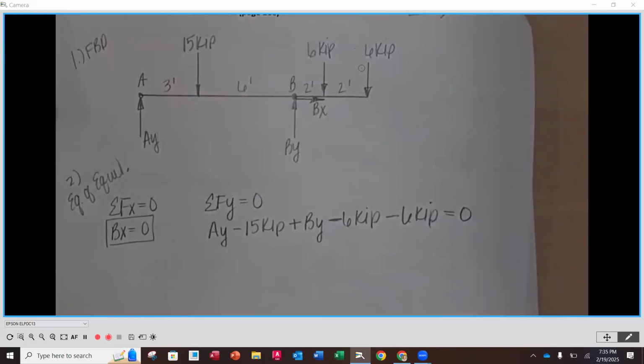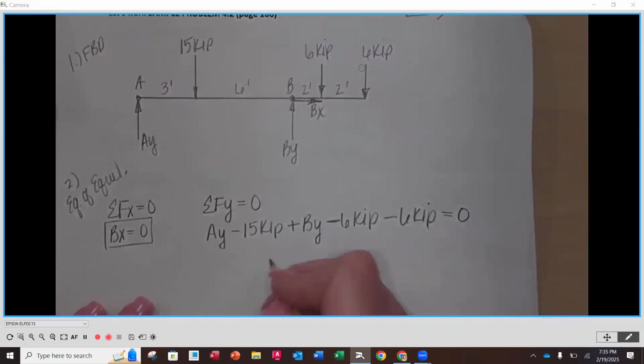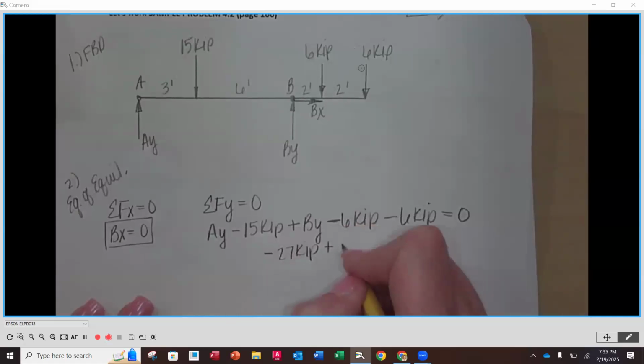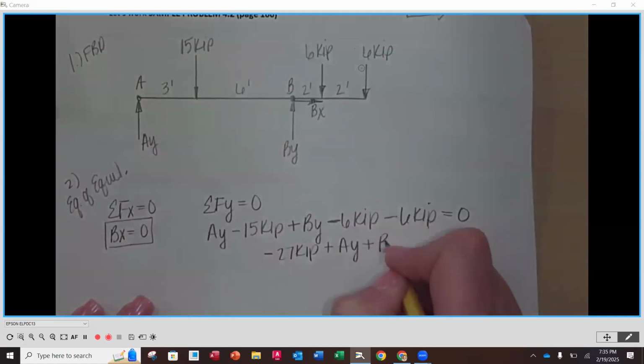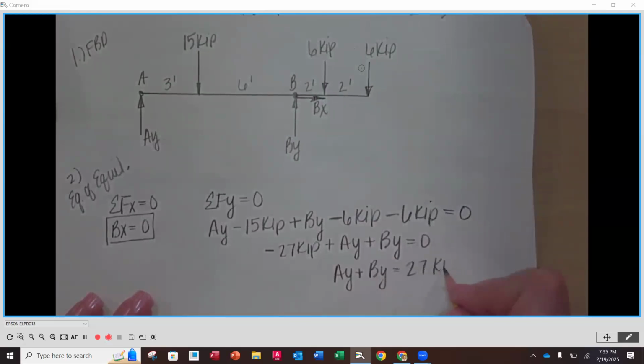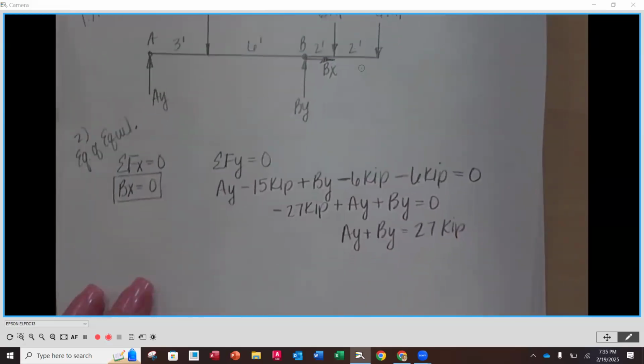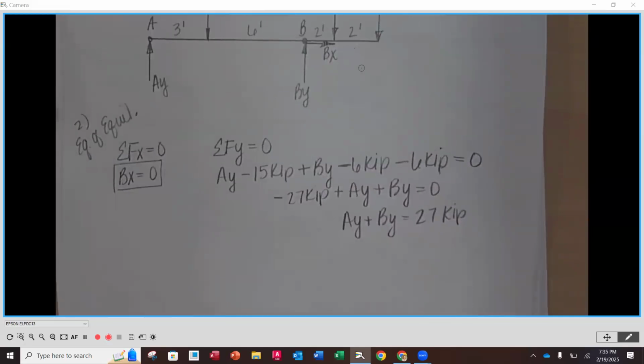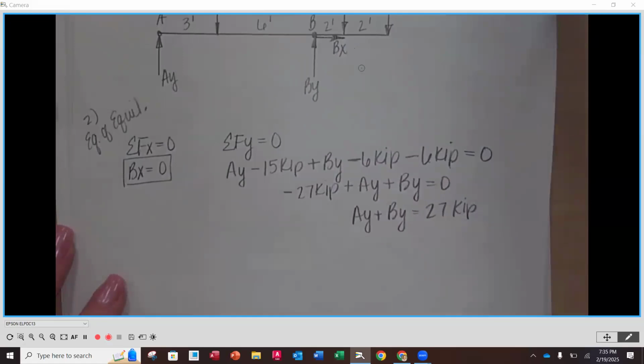So now I can combine the items that I have here. So 15 and 12. So I have a negative 27 kips plus AY plus BY is equal to 0. I'll put that to the other side. AY plus BY is equal to 27 kips. That's as far as we can go with that one, but we still have sum the moments, right?